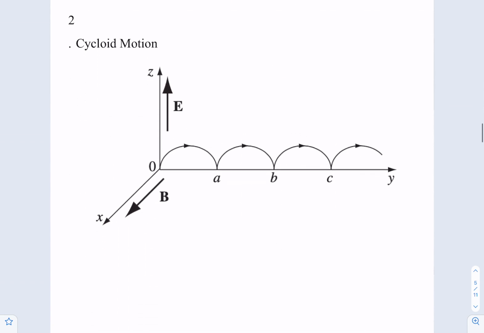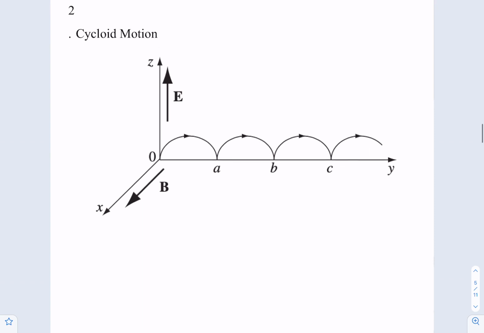Okay, so let's take another example. In the previous examples, I only talked about the effect of the magnetic field alone, and now in this example, we have both an electric field and a magnetic field.